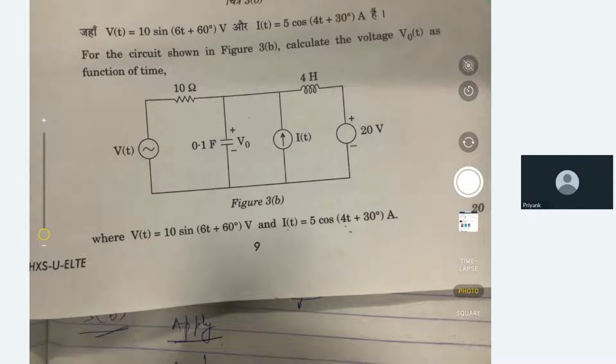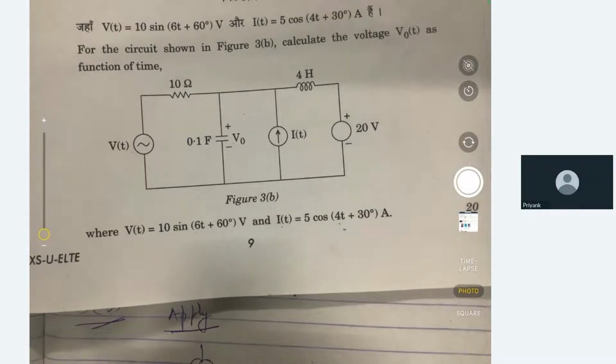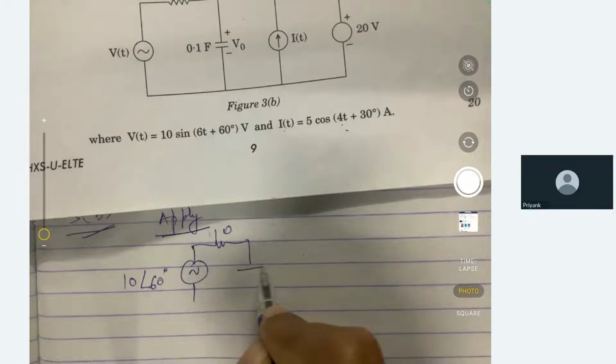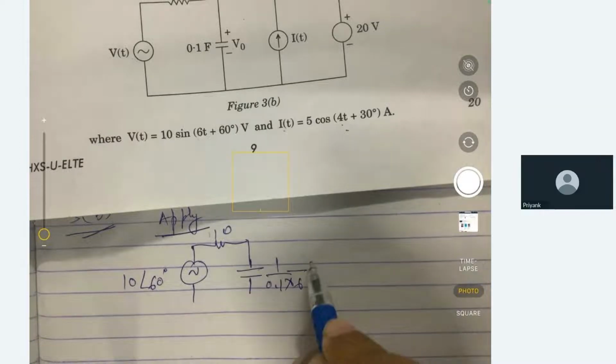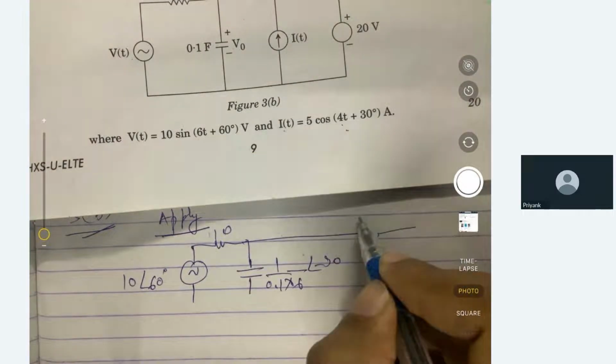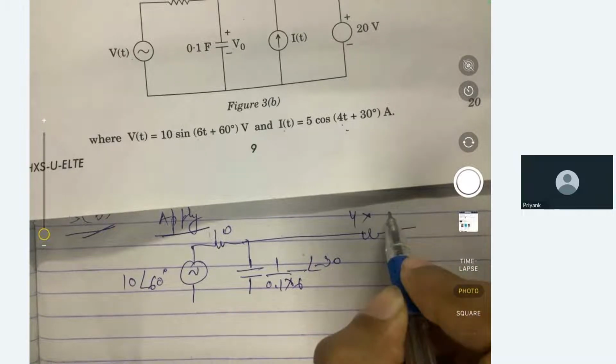So tan of angle 60, and the impedance value is required to be found out. So 1 upon 0.1 into 6 at an angle of minus 90. IT we have removed. And here it will be 4 cross omega, which is 6, at the angle of 90.